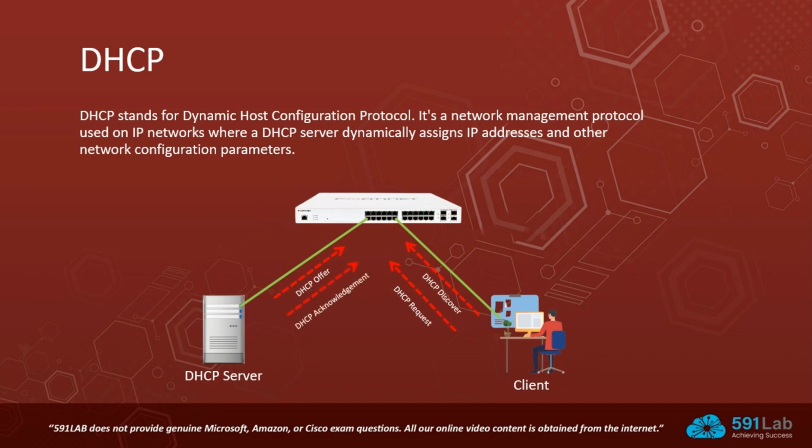Step 4. DHCP Acknowledgement. The DHCP server approves the lease with a DHCP acknowledgement packet. The packet includes the lease duration and the other configuration information. Now you understand what DHCP is.